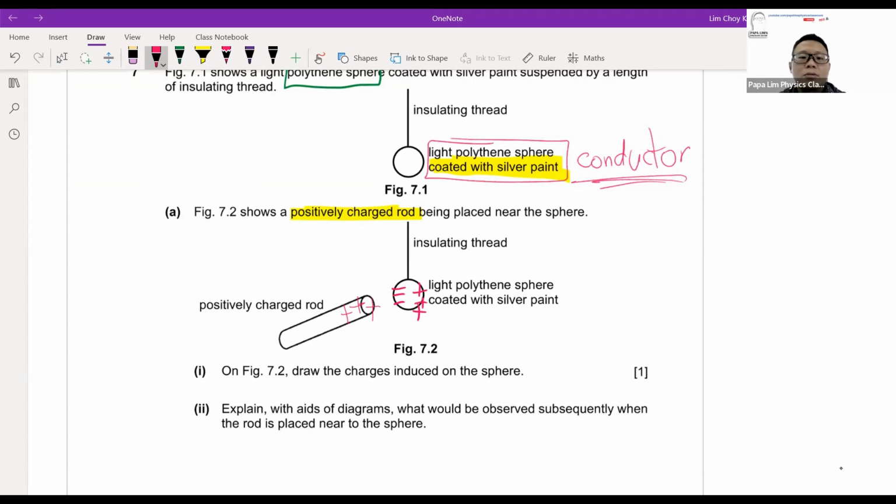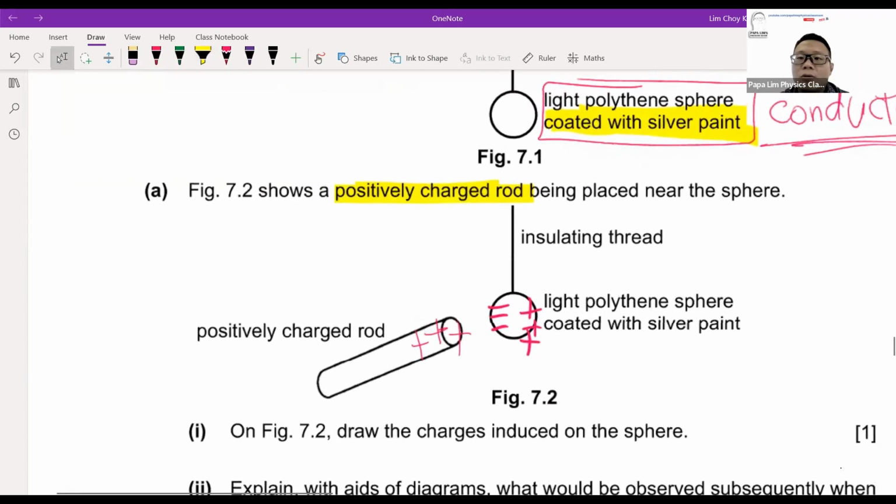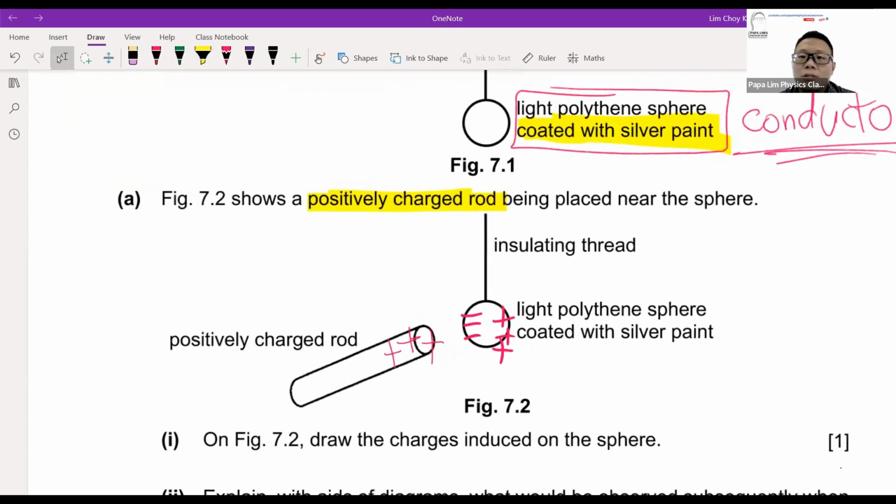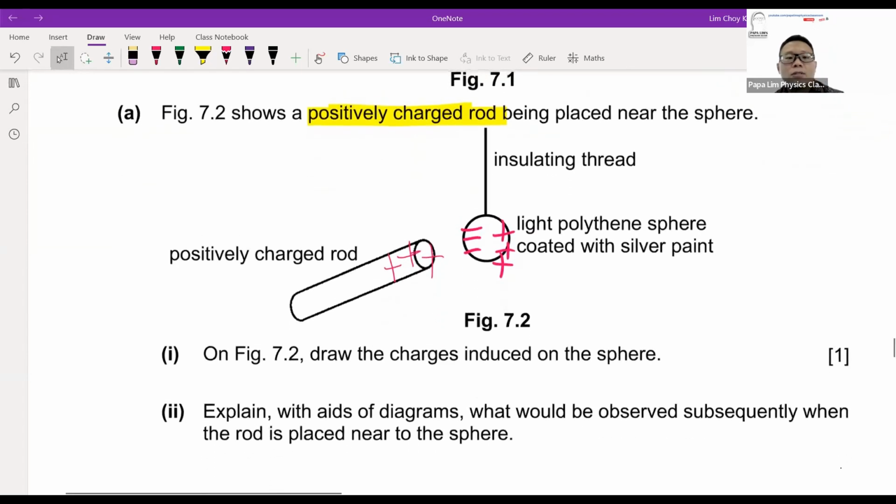Why? Because in conductors, the electrons, the negative charges, are free to move around. This settles the answer for 7A part 1. Just take note, you must realize that the coated sphere is actually a conductor now.